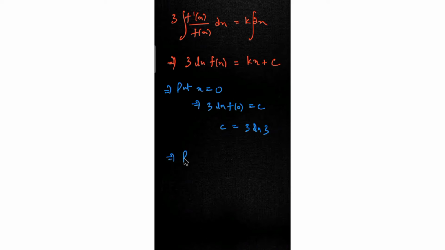Now put x is equal to 1, you get 3 ln f of 1 is equal to k plus, instead of c, put 3 ln 3. So 3 ln f of 1 is 6, so 3 ln 6 minus 3 ln 3, so you get that to be 3 ln 2.